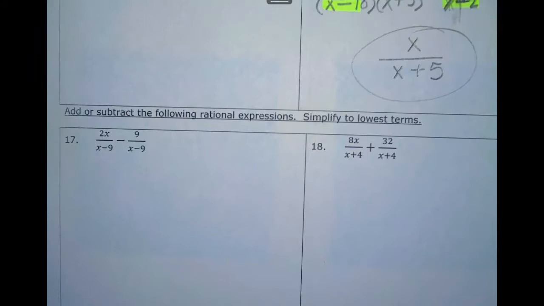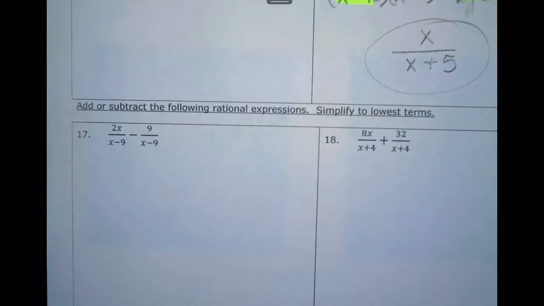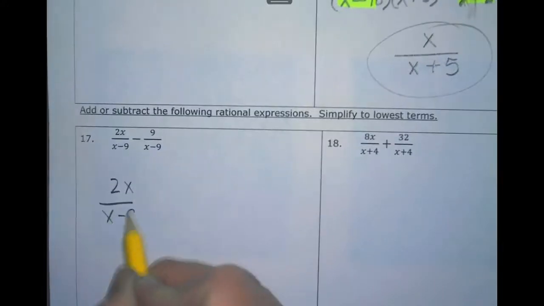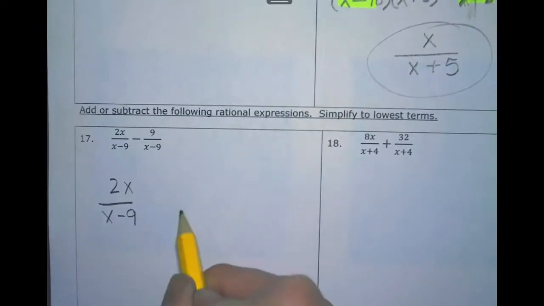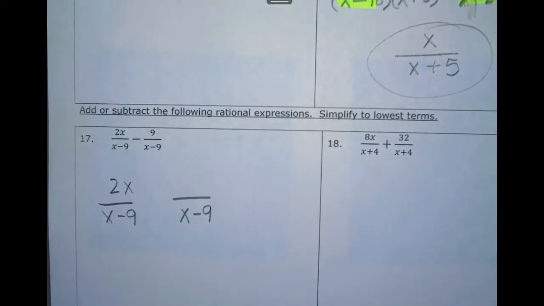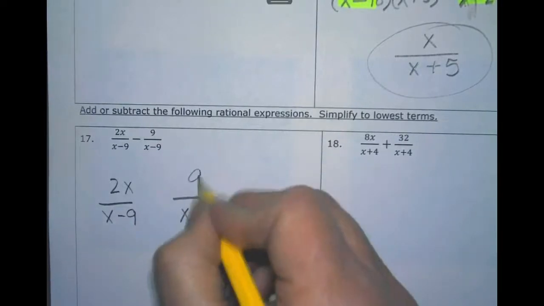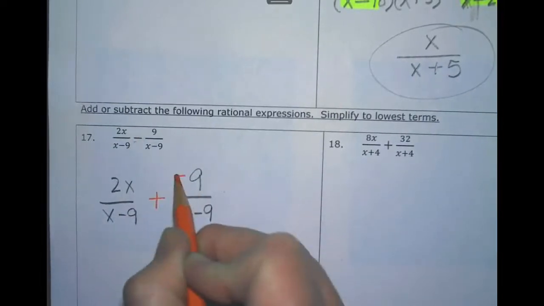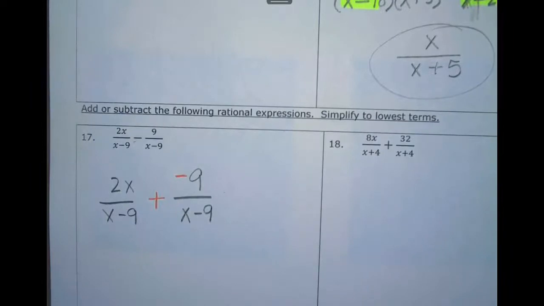Problem number 17 is a subtraction problem. It already has a common denominator, but as I told you in class, you will make fewer mistakes if you change the subtraction to adding a negative. And so nothing factors, nothing cancels.